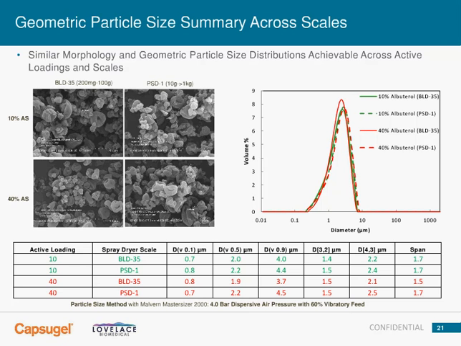Similarly, the morphology shown there of the different loadings and different scales, as well as the geometric particle size. So a pretty simple case study just to highlight that the spray drying process can be well defined and easily scalable from both small batch size to larger quantities.